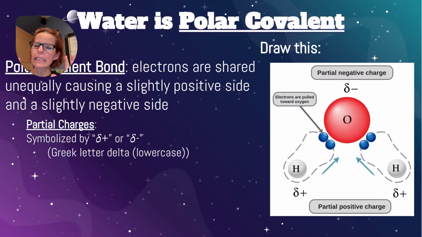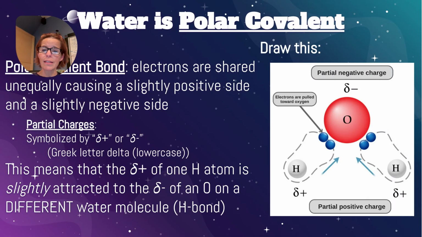They still are holding them, but not 50-50 the way we talked about a child sharing. And so we show them having a slight or partial positive charge by showing the Greek letter delta with a plus sign by it.